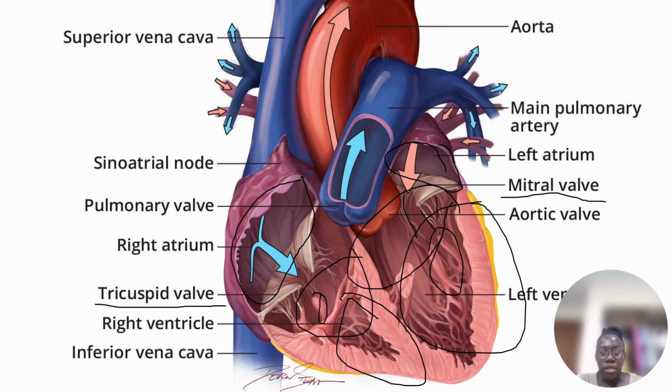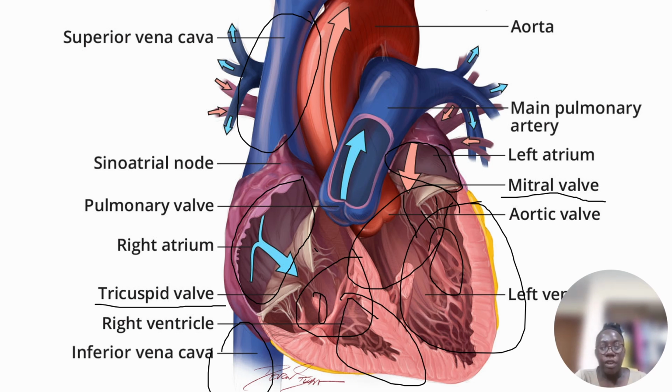So we have the blood which flows through the heart. It drains through the superior vena cava here, which drains blood from the upper extremity of the body and empties into the right atrium. Also, the inferior vena cava returns the blood from the lower extremity into the right atrium. And this blood is low on oxygen. This blood flows from the right atrium to the right ventricle, and the tricuspid valve opens for that to happen.